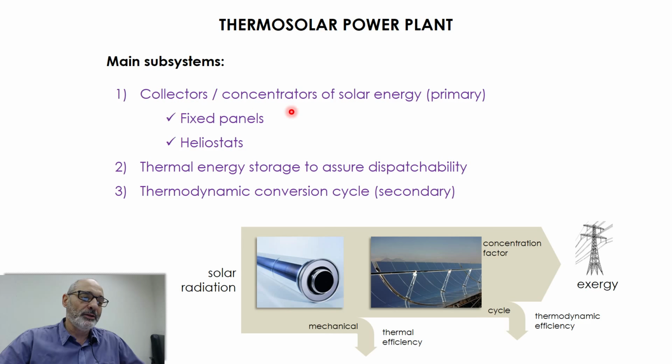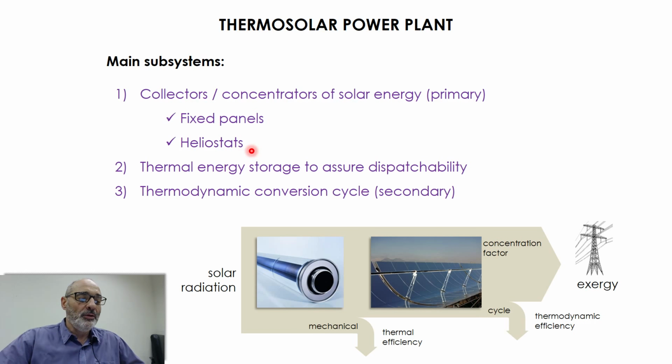These collectors/concentrators can be fixed panels. We're going to see these in detail. Or they can be heliostats. This means that you have some mechanism, a motor for instance, that will change the configuration of these panels in order to follow the position of the sun.